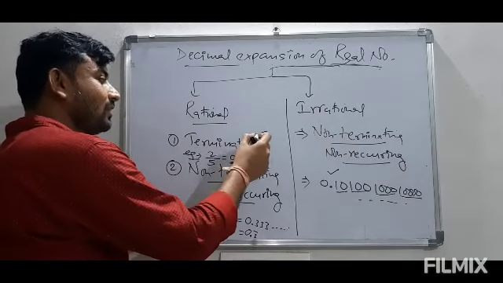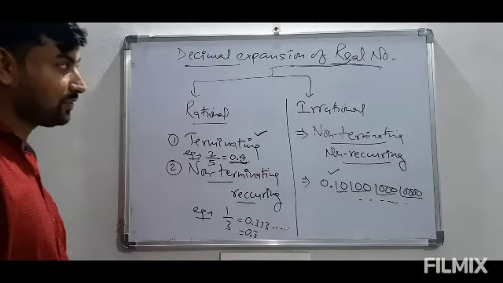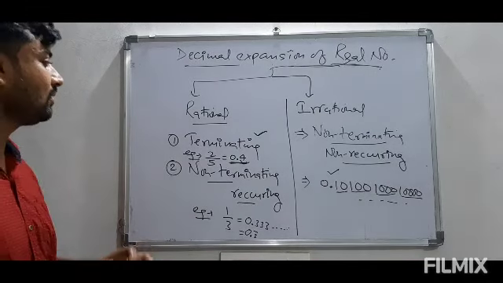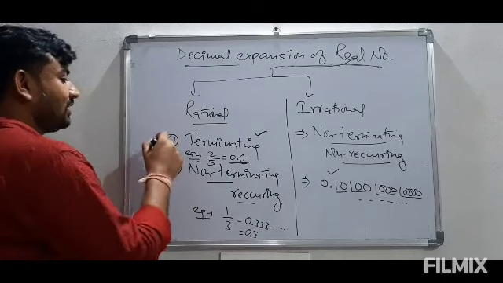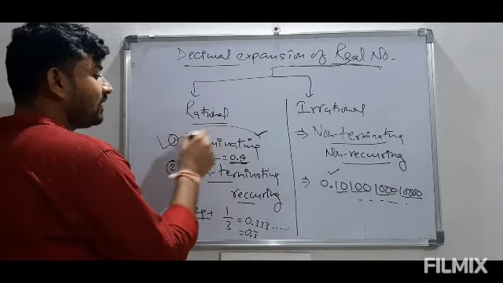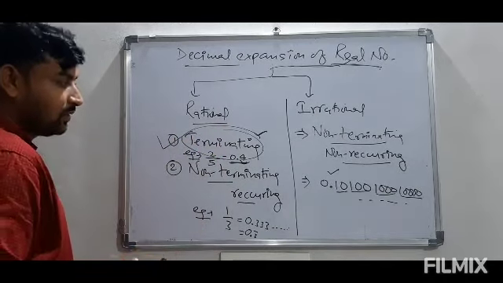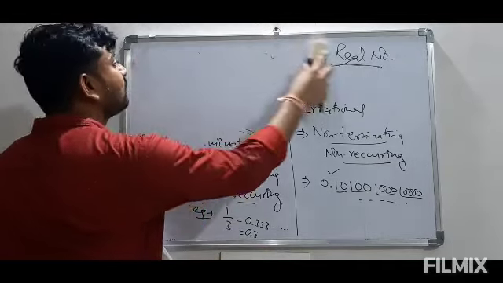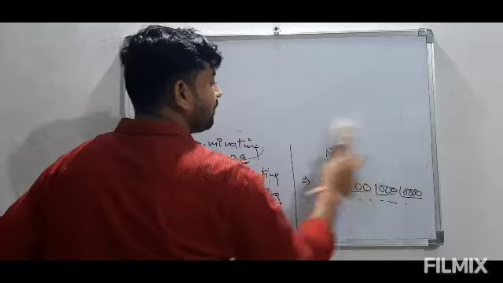In that case only we can write a terminating decimal expansion. Now our whole discussion is on rational numbers, and in rational numbers, only terminating decimals. So now let us concentrate on terminating decimal type of rational numbers.